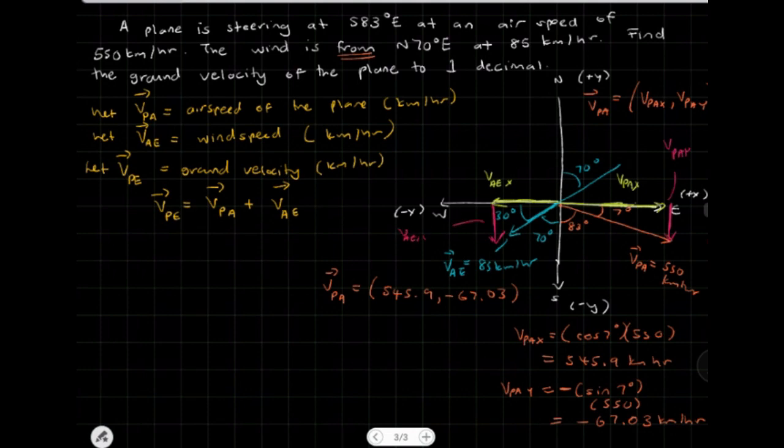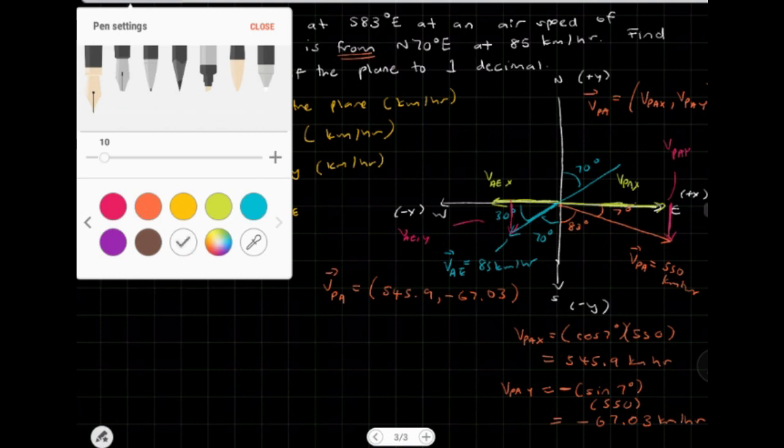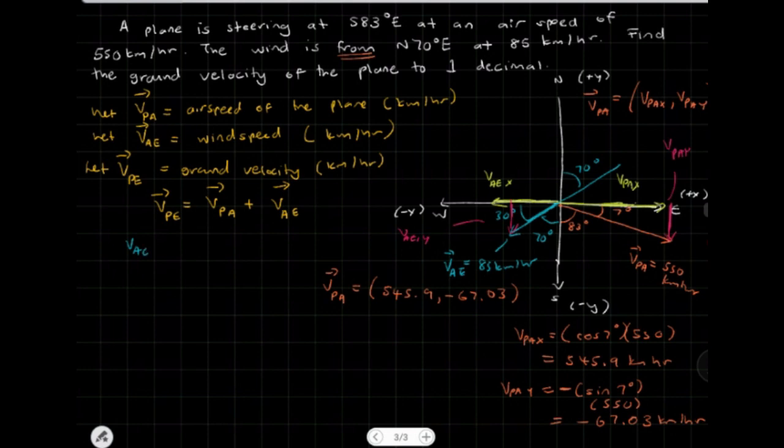And you know what, we'll just put that here, so it'll just look better, right? And in this case, the vector, velocity of the air relative to the Earth, or the wind speed, can be written as its x component and its y component, so V sub AEX and V sub AEY, right?